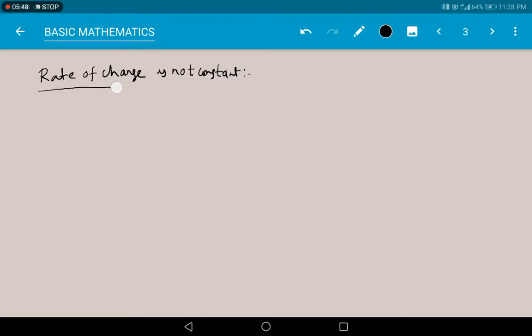That means with respect to one physical quantity, the change in another physical quantity is not in a constant manner. So let us take one example: a ball which is projected vertically upwards.